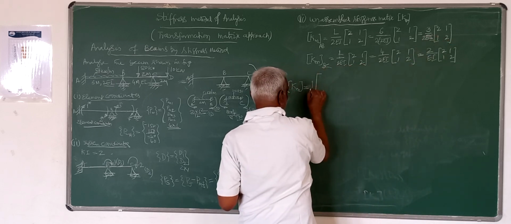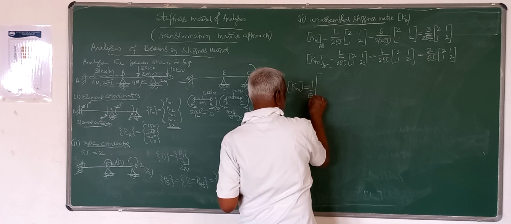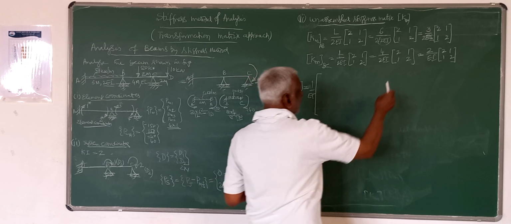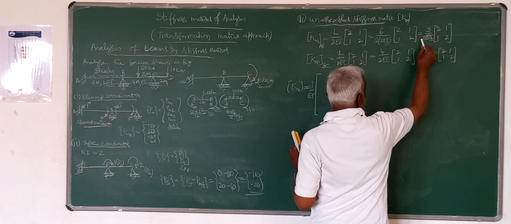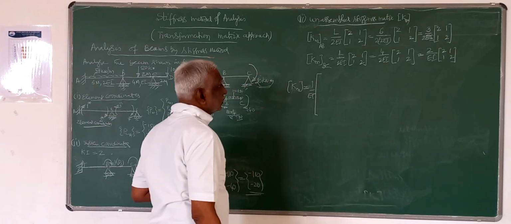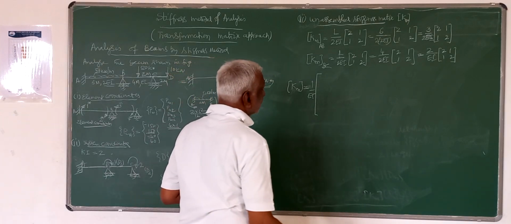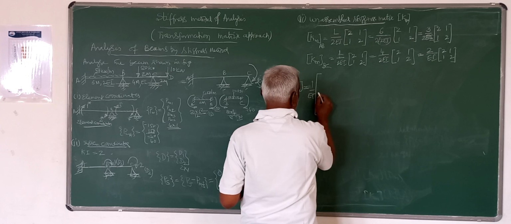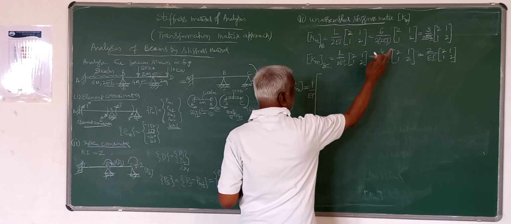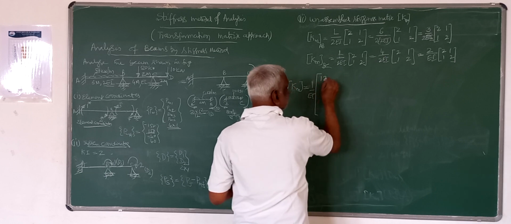If I take 1 by EI outside, then here I have to multiply by 6 into 2, 12.